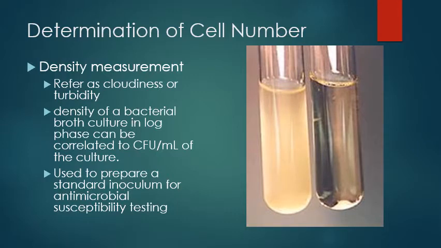Another way to determine the number of bacterial cell, okay, is measuring the density. So, density, paano natin malalaman? Kapag turbid, katulad dito, pag turbid, alam natin na may bacteria. Kapag walang turbidity, then wala siyang bacteria.